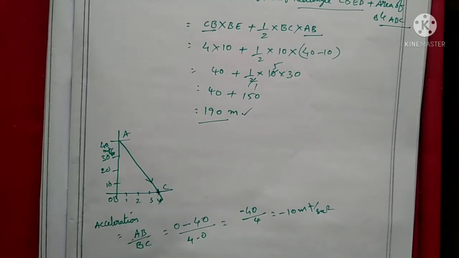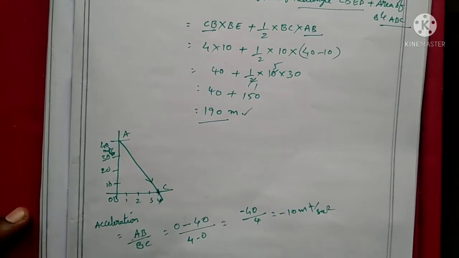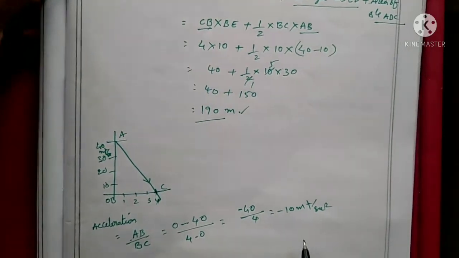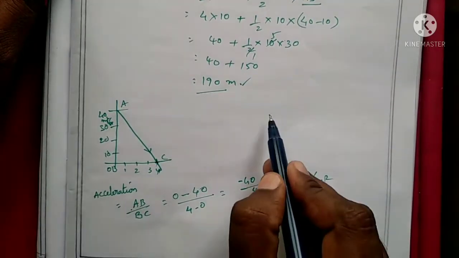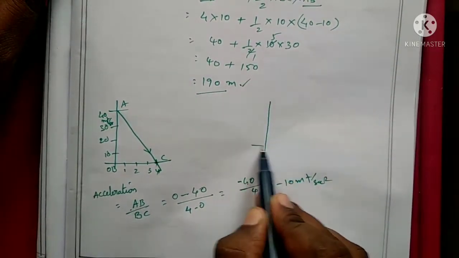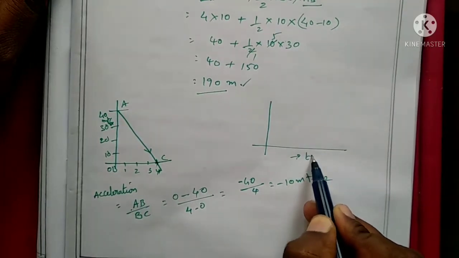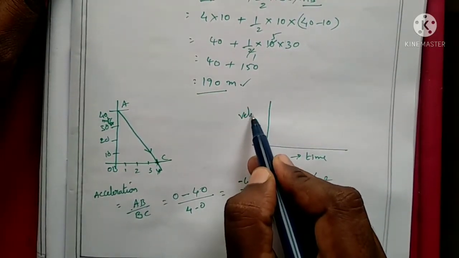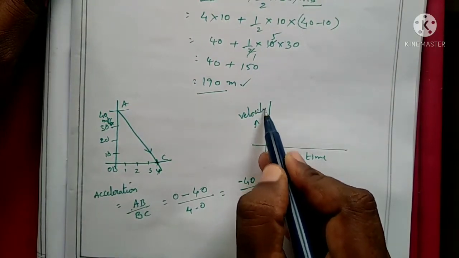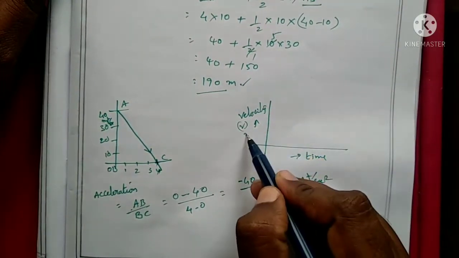Okay. Now that indicates negative acceleration. Another graph is there, for example. Now the variable time is taken along the x-axis and the velocity is taken along the y-axis, in meters per second.